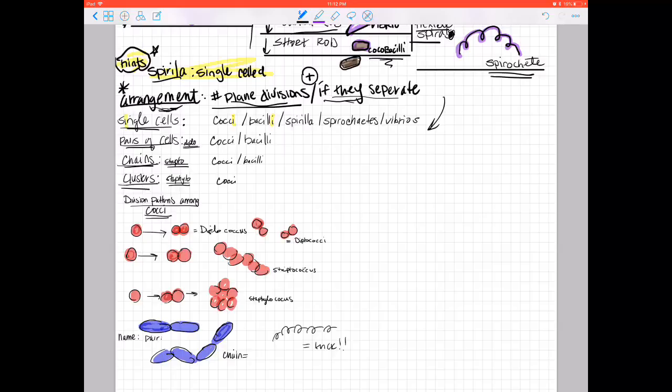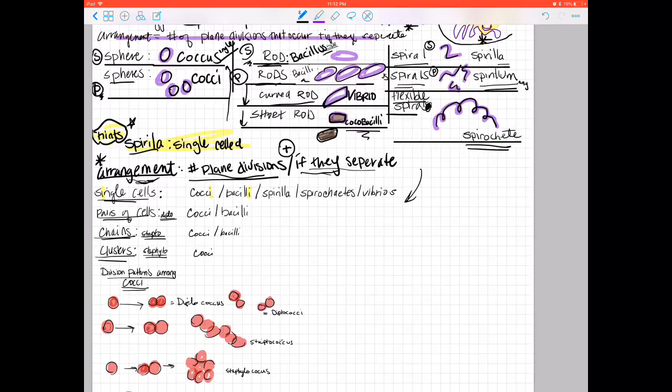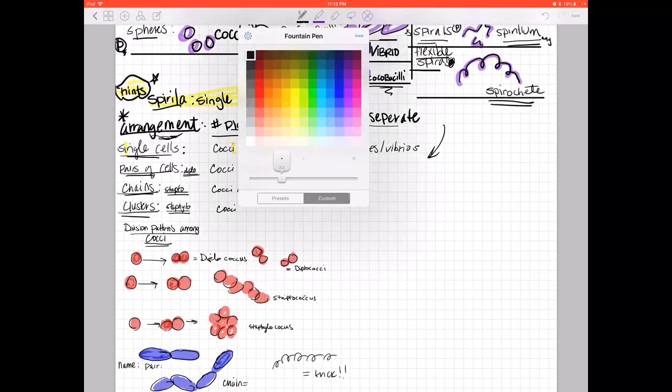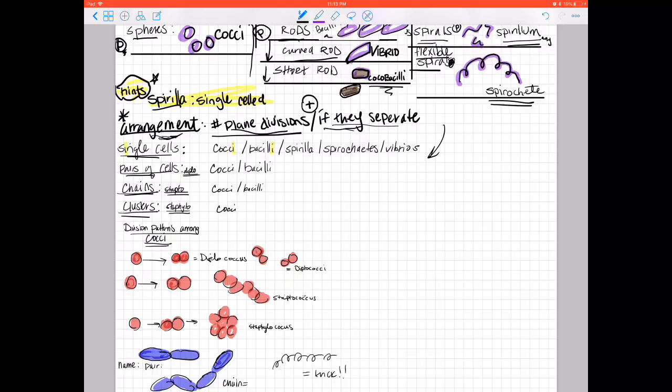And so when it comes to a single cell, you can see a single cell that's a spirillum. I don't know if I'm even spelling this right. Let me double check. Spirillum. Yeah. Let me add an L here really quick because I spelled it wrong. So sorry about that. Okay. So your single cells are going to exist in cocci, and I did this to try and help you remember. Single cells exist in cocci, bacilli.